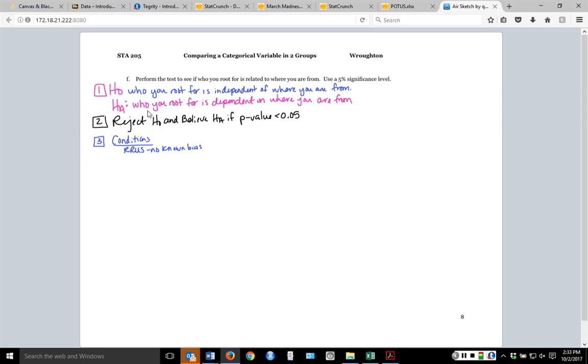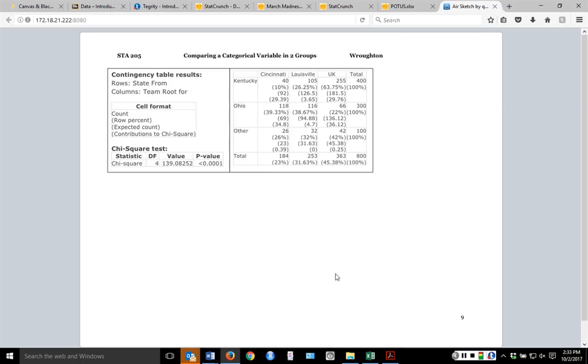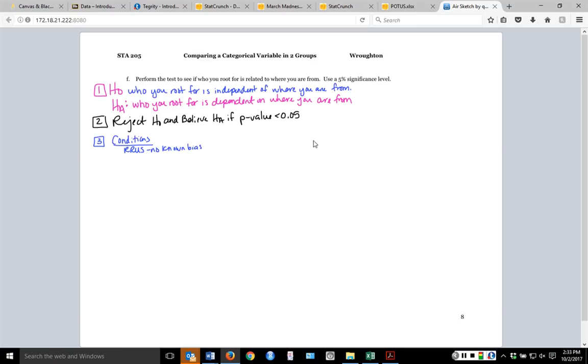And then we need our expected counts, which, if I look at my output, this little cell format gives us what each number in here is. So the third number down is going to be my expected count. So I want to check to see that all of these numbers are at least 5, which they are, and I'm just going to record those numbers so I know I looked at the right ones.